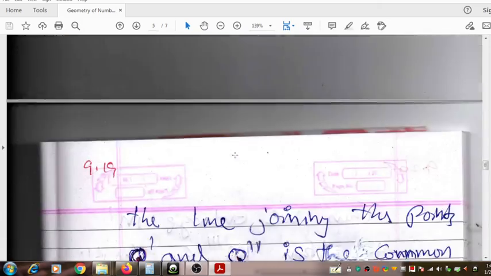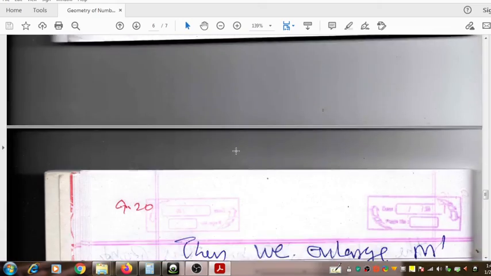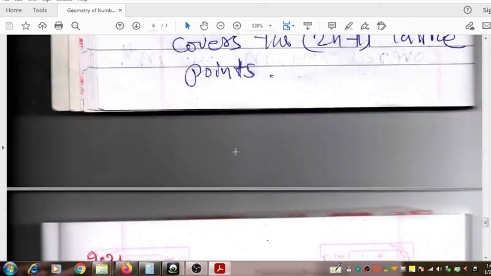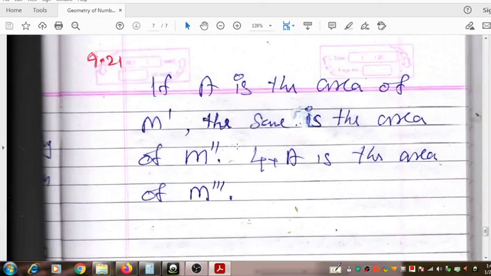Thus we can come to the conclusion of the result. You have to remember that the original M set has area 4A.